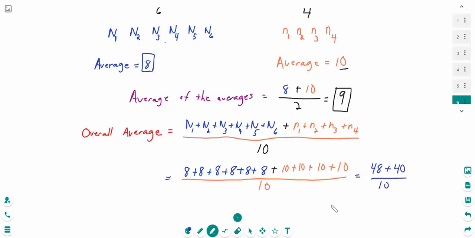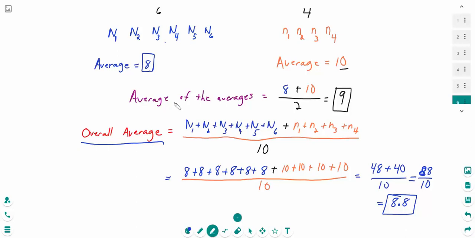All of that over our 10 still. 48 plus 40 is 88, right? And then 88 divided by 10, that's going to be 8.8. So this is the overall average. Okay? So hopefully you can see how this works. When you're trying to find the overall average, but you don't know the numbers, you can use the average of those numbers, if you know it, to still sum up those numbers.